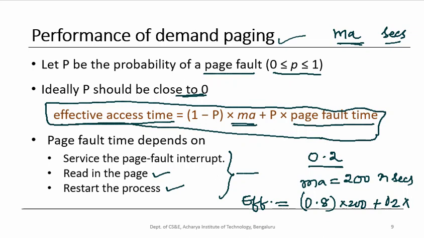Let's assume the page fault time is 250 nanoseconds, so 50 more nanoseconds are taken to fetch the referred page from the hard disk into the main memory. This is how we calculate the effective access time.